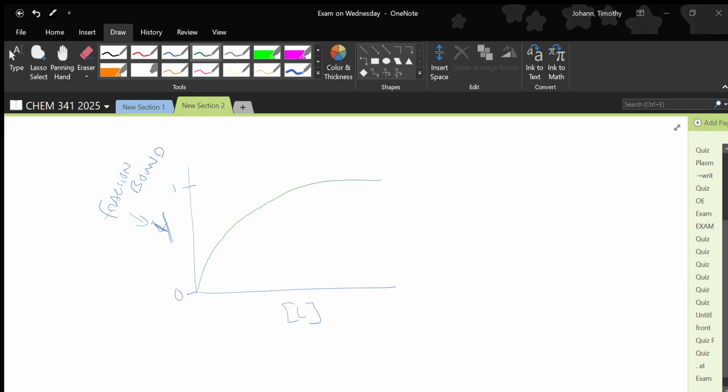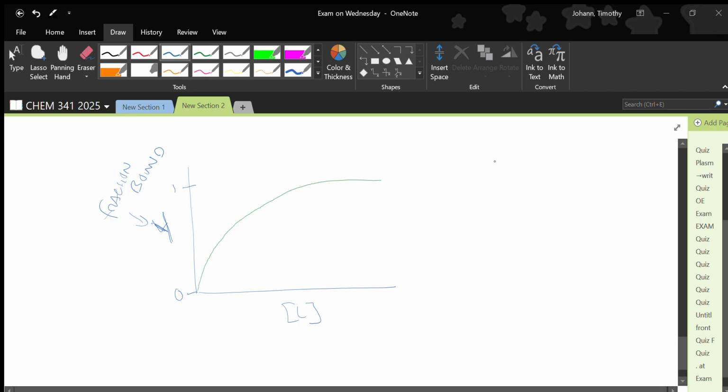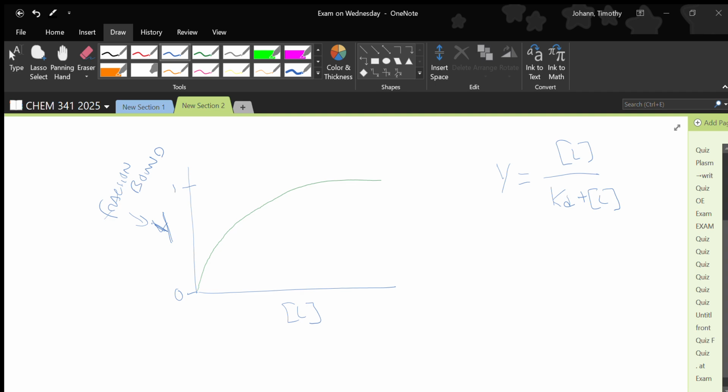And if you remember, if we look at our equation for ligand binding, it is this. Okay, our equation for ligand binding looks like that. And we did the algebra for this, but when half of our sites are bound, when half of our protein sites are bound, our KD is equal to our ligand concentration.